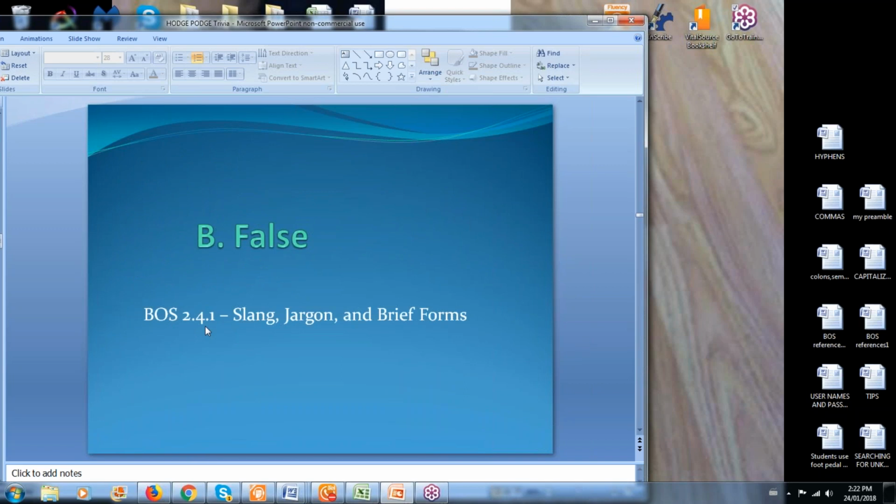In BOSS 2.4.1, slang, jargon, and brief forms are not to be used. Joanne, although it is becoming acceptable as an abbreviation. Corey, but what if the account specifics say verbatim? That verbatim rule only works if it doesn't interfere with other rules, okay?